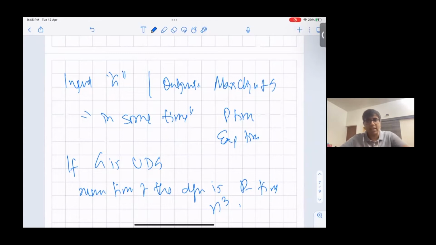But if it stops within n cube, am I guaranteed that the graph is a unit disk graph? No. It could be that for some other graph, this algorithm is able to find a maximum clique in polytime. All that is guaranteed is that it will definitely find a maximum clique if the input graph is a unit disk graph.